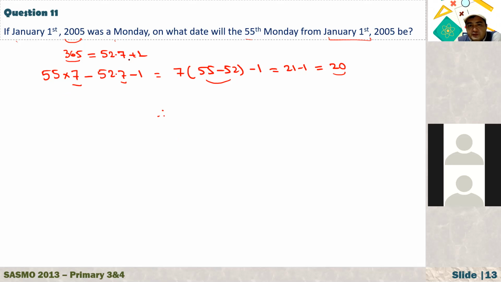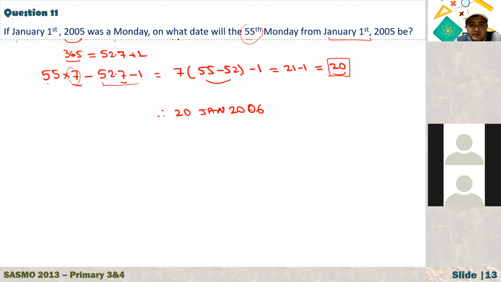That makes sense, because the 55th Monday means after 55 weeks, and in each week we have 7 days. If I subtract the whole year 2005 from this, it gives us how many days from the beginning of the next year. So it is the 20th of January 2006.